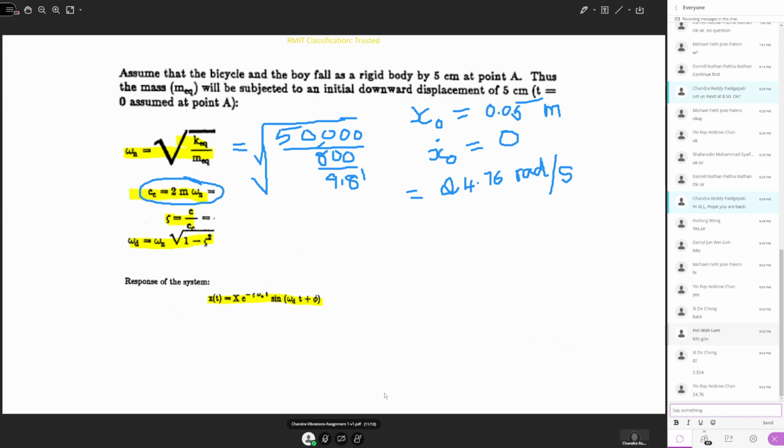If you know the natural frequency of the system, then you can calculate the critical damping constant Cc. So calculate the critical damping constant Cc. So 2m omega n. So 2 times the mass, which is 800 over 9.81, and omega n, you can take it as 24.76.